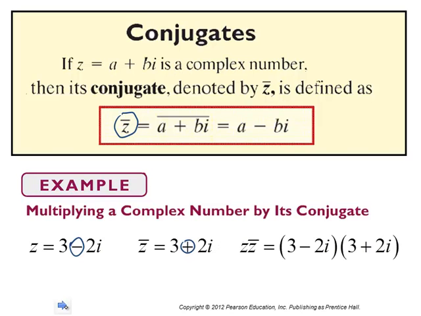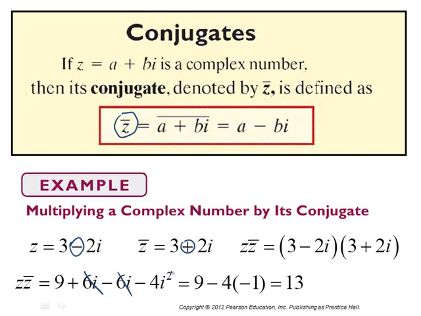And it turns out that if you take any complex number times its conjugate, what are you going to get? The middle parts are going to cancel each other out, like you see here, and you're just going to be left with 9 minus 4i squared, but i squared is negative 1, so this will be a minus 4 times a negative 1, which is plus 4, so 9 plus 4 is 13.